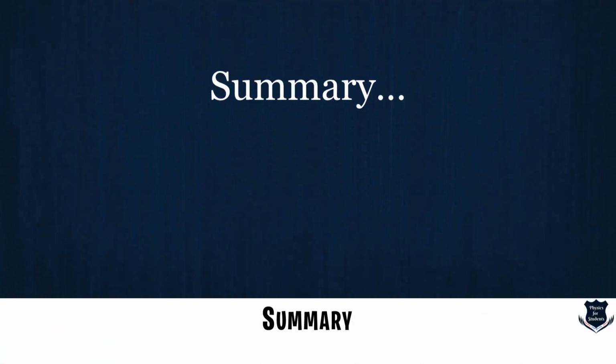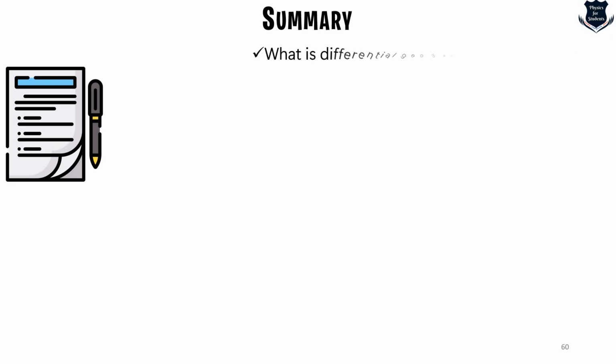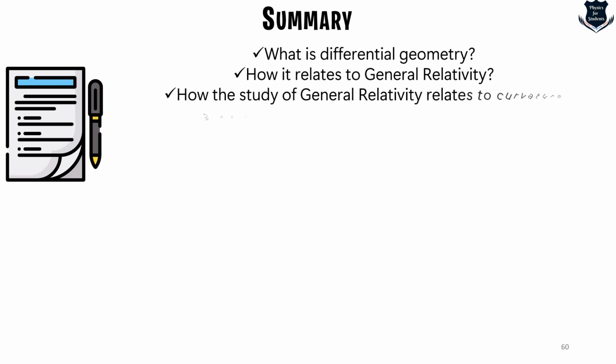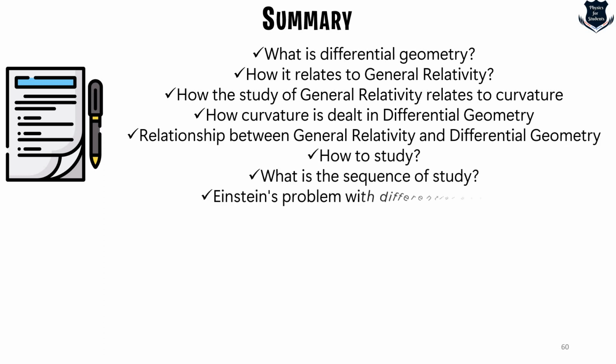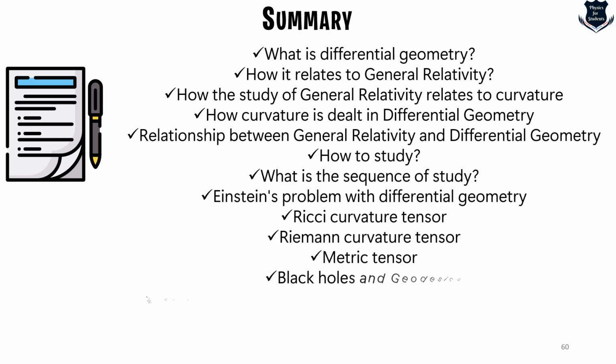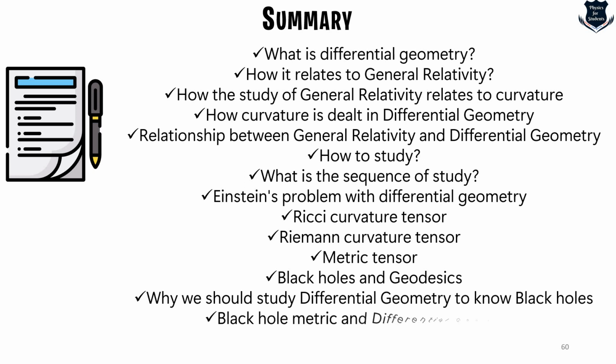So here is a time that we should quickly summarize what we have learned today. We have learned a lot of topics: differential geometry, how it relates to curvature, what concepts differential geometry deals with, how to study it, the books, what is a sequence. Even Einstein faced the problem, Ricci curvature, Riemann metric, geodesics, and a lot of stuff like that.